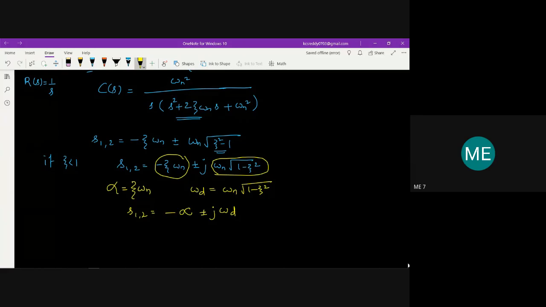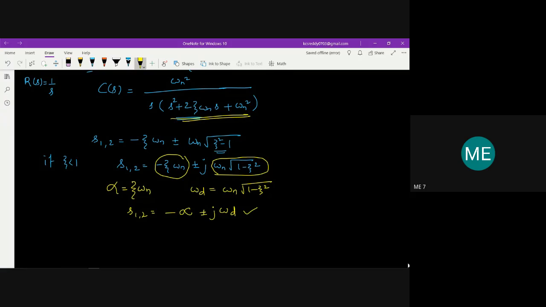Now if I substitute these roots in the above equation, we'll get C of S. I use partial fractions.